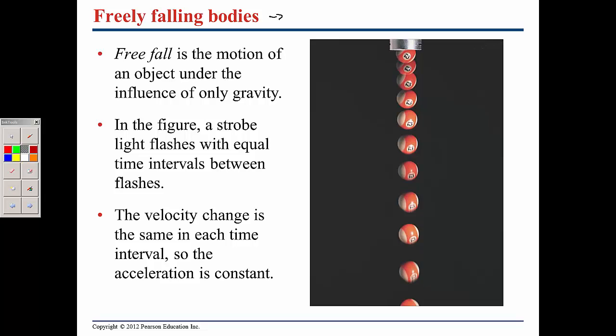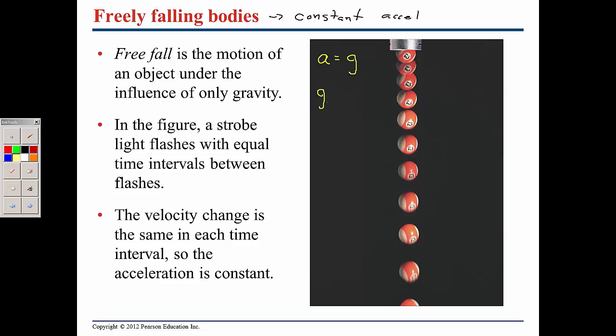Now, freely falling bodies, that is a classic example of something with constant acceleration. We define free fall to be the motion of an object under the influence of only gravity. So an object is going to be accelerating towards the Earth due to gravity.